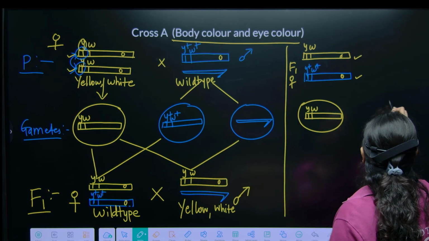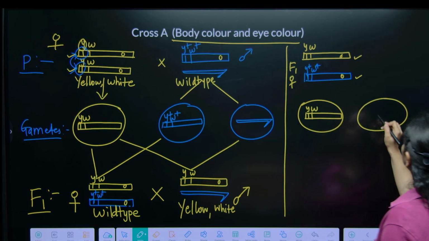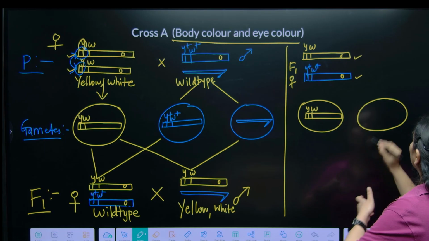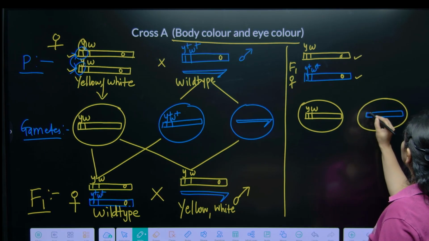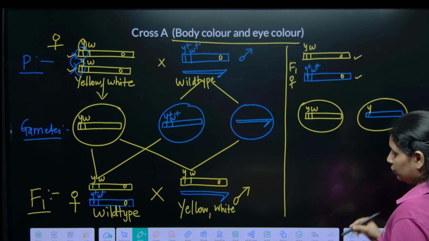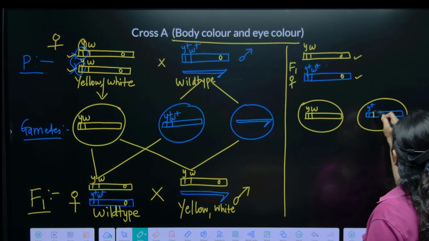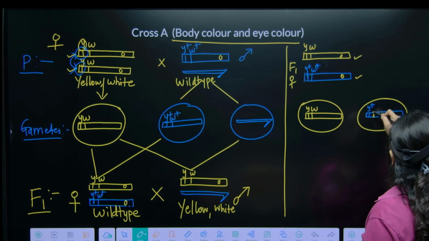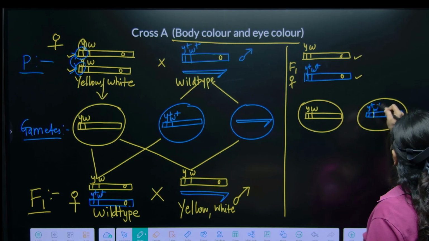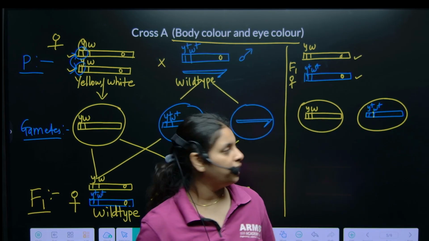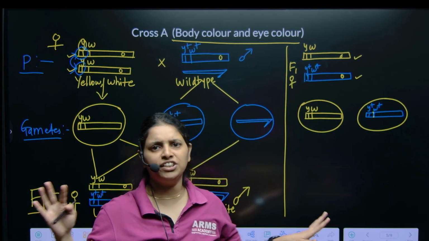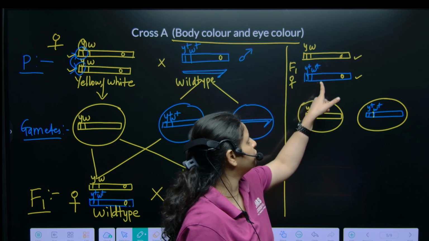And then we will get another wherein we will have this blue chromosome, Y plus W plus, right? Let's say the chromosome separated as it is. Okay, so 50% has this, 50% has this.